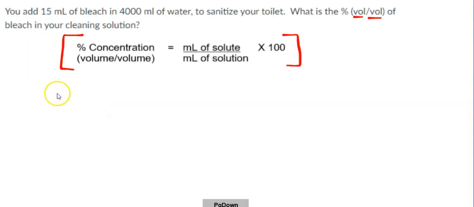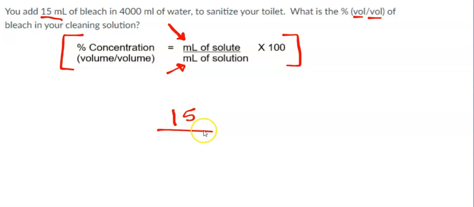You could find it if you needed it. And it shows that you have milliliters of solute over milliliters of solution. The solute is always the thing you have less of, so you can look up here, that's 15 milliliters of bleach. That's already in milliliters, so you'd have 15 on top, and then it has 4,000 milliliters of water.